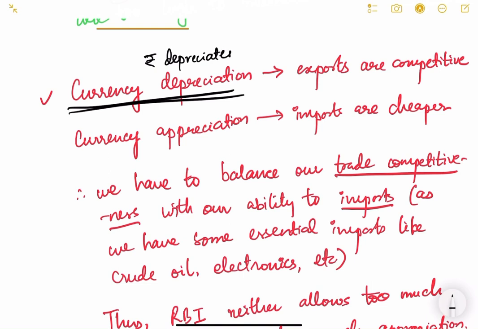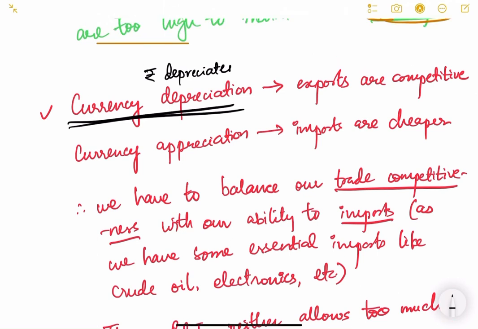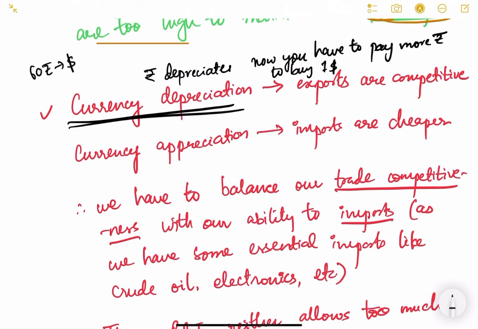Depreciation means that now you have to pay more rupees to buy $1. Previously, for example, you were paying 60 rupees for $1, now you are paying 65 rupees for $1. It means the rupee has depreciated.